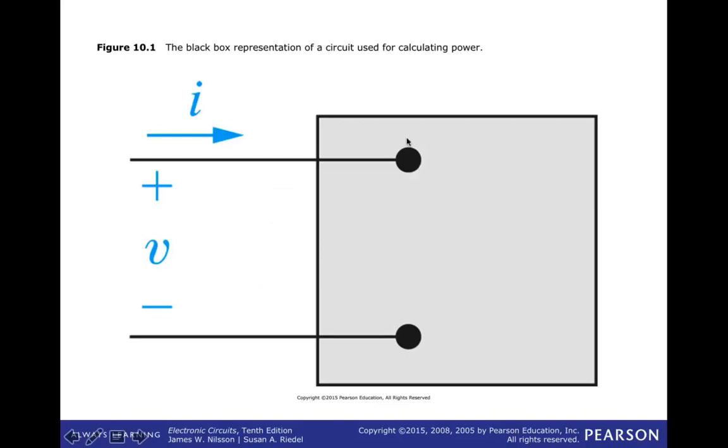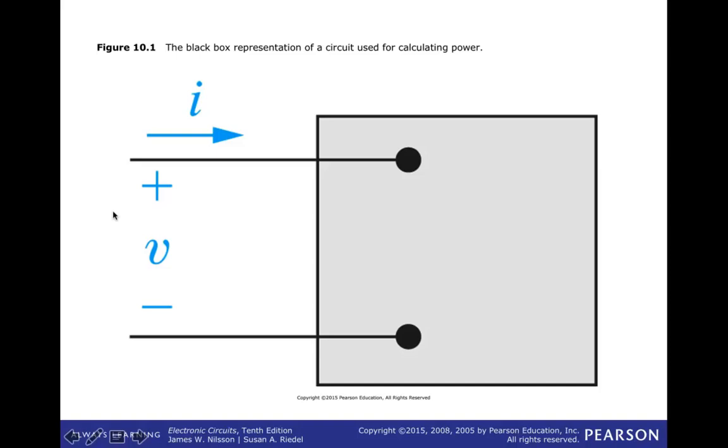So let's talk a little bit about power, because the main point of this lecture is to give you the formulas that are utilized in calculating power in AC. As a general rule, when we talk about power, we're always talking about power for something specific. Oftentimes we're talking about the power that is delivered to or dissipated in a load. So in this example, we have current coming into the load and a voltage across the load. Note that the current and voltage are labeled according to the passive sign convention.